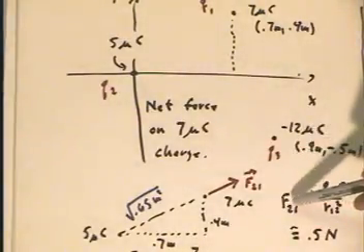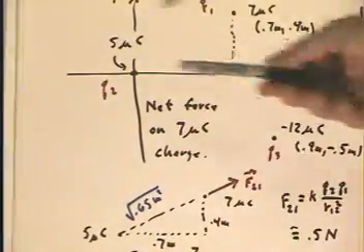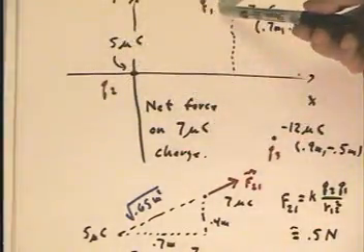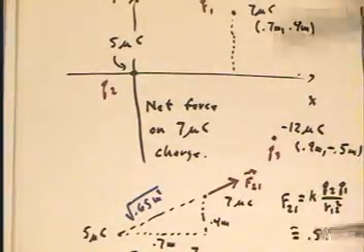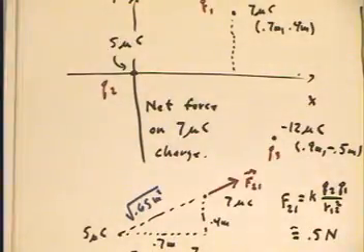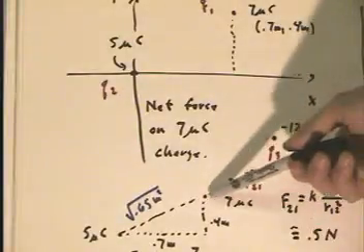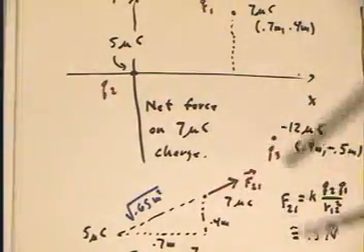Then we can get the force F21, the force of charge Q2 on Q1. That's going to be k Q2 Q1 over R12 squared, which is 0.5 newtons. Now we see that the force is one of repulsion, so it's in the direction of the red force vector here.